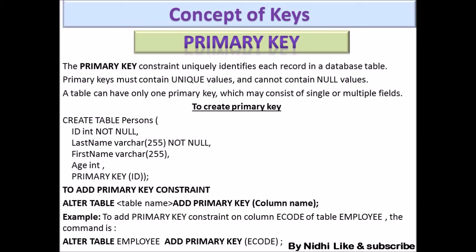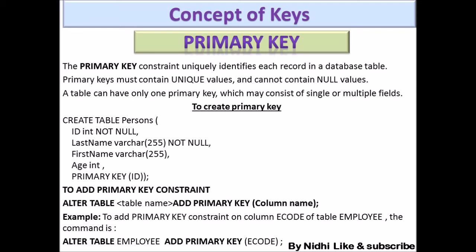Now here an example is taken to show how we can create a primary key. During creating a table, we can assign a primary key. So here an example is taken of a table persons. We are creating a new table, that is create table, and the name of the table is persons. In that we have a column ID, and not null means we don't want ID to be null, so we are providing it a constraint that is not null.